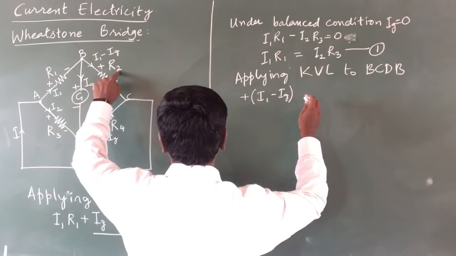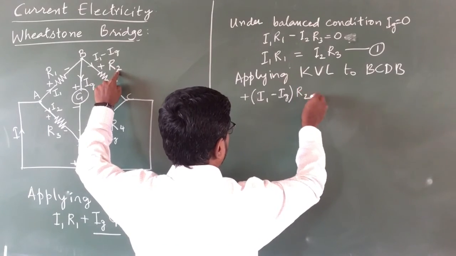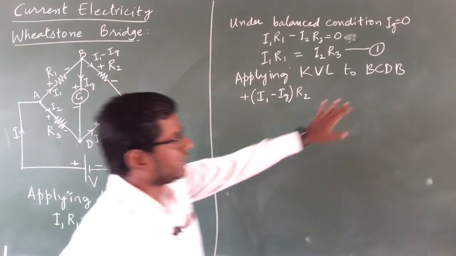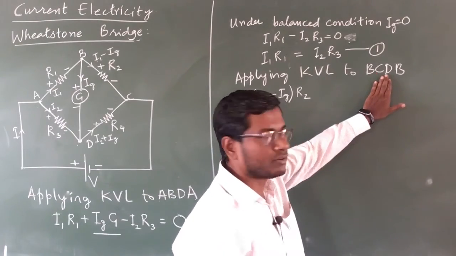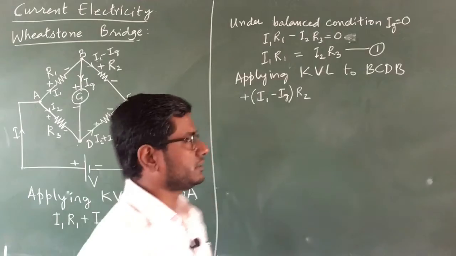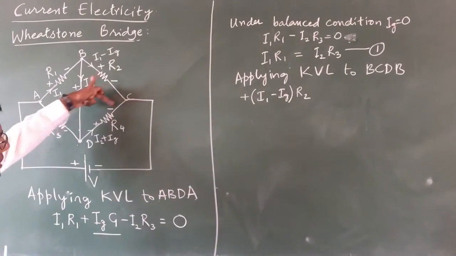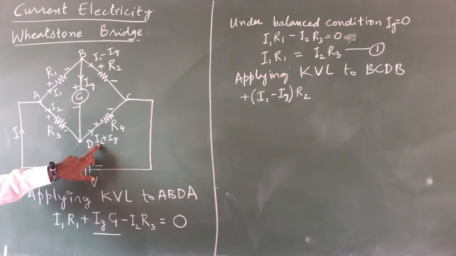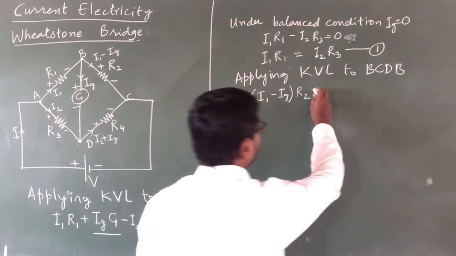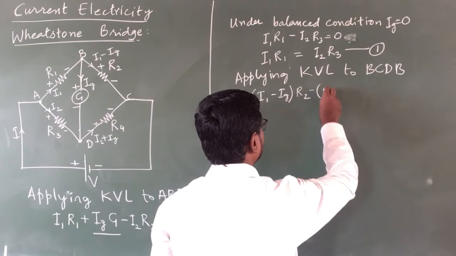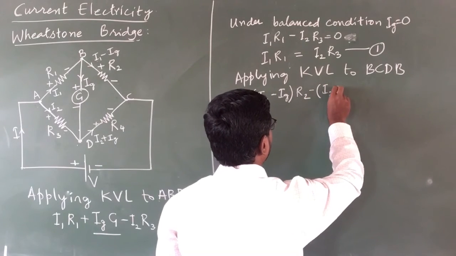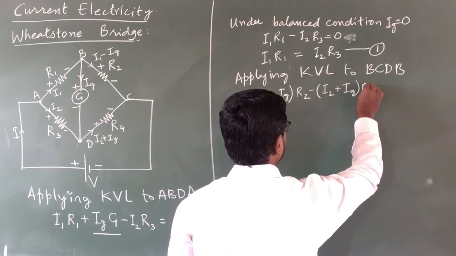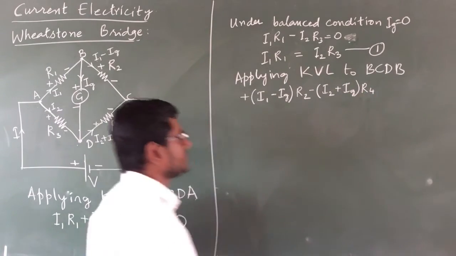What is the resistance present there? It is R2. Then going from C to D, because I am done with the BC part, the next I have to go for this CD part. Going from C to D, the first sign I am coming across is minus, and the current flowing there is I2 plus Ig. So it will be minus of I2 plus Ig, and the resistance present there is R4.